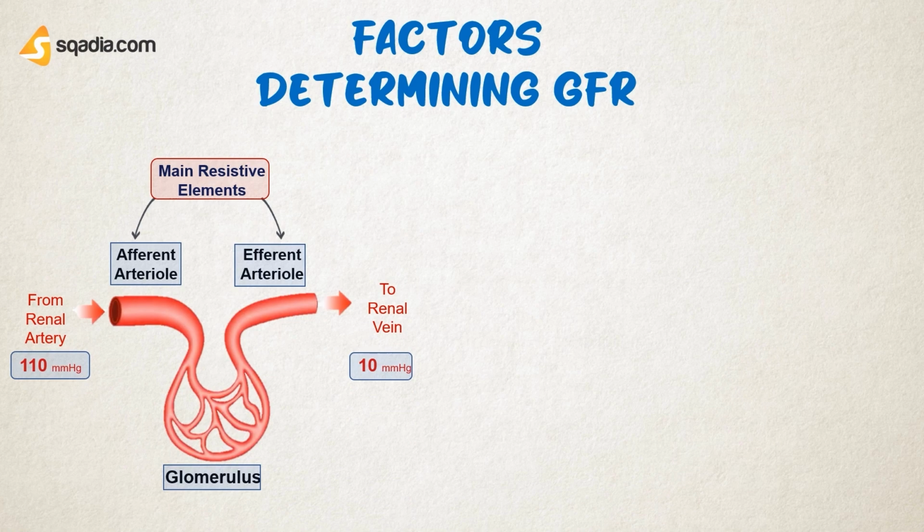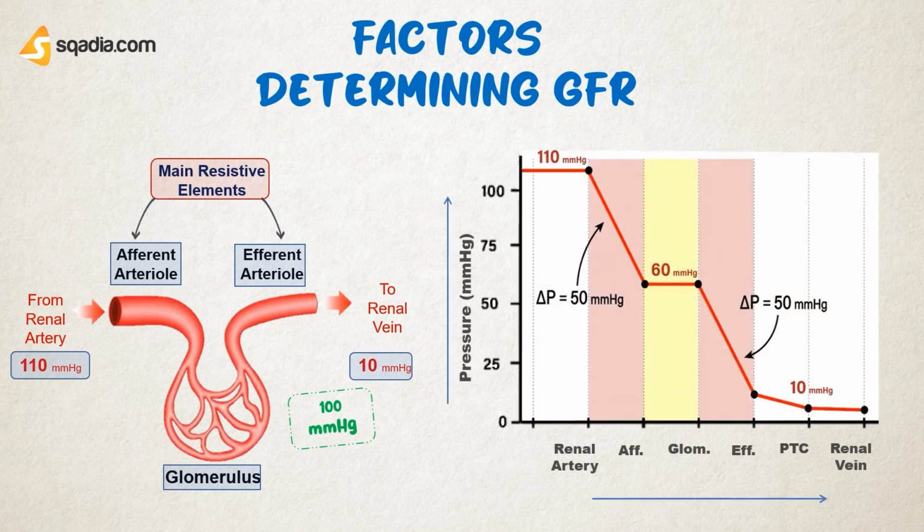This represents an overall pressure drop of 100 millimeter of mercury between the blood on the arterial side of the circulation compared to the blood on the venous side. How that pressure drop is distributed across the afferent and efferent arterioles determines what the hydrostatic pressure in the glomerulus will be, which will ultimately determine the GFR.